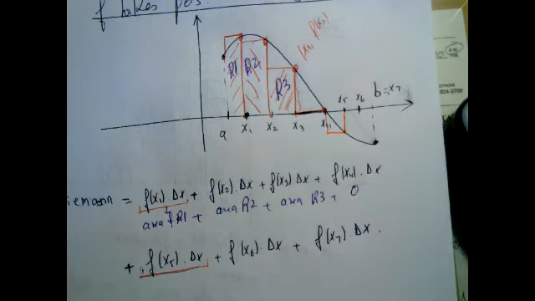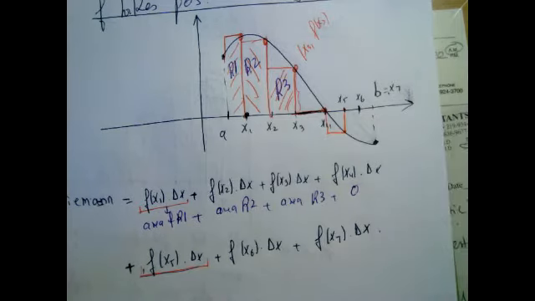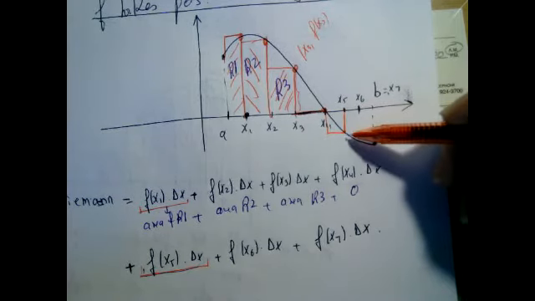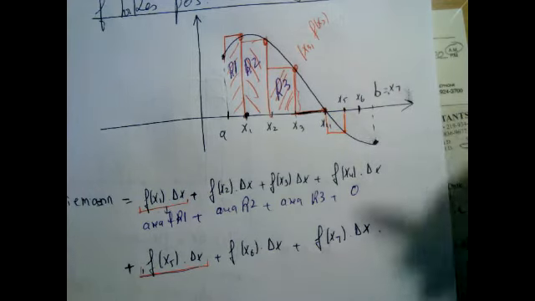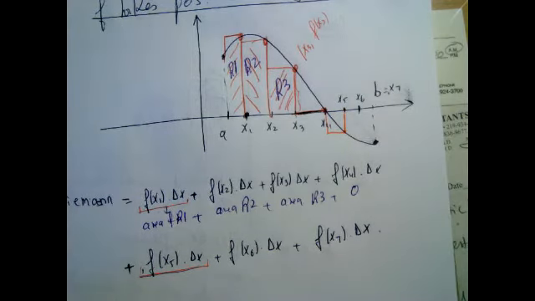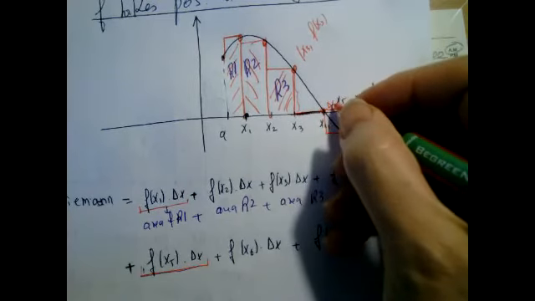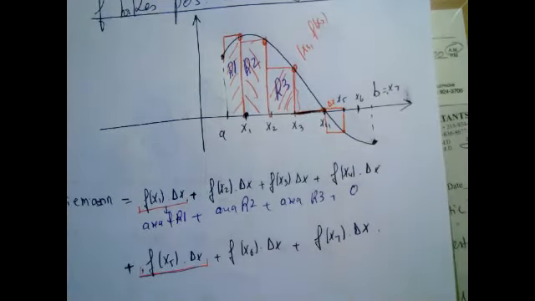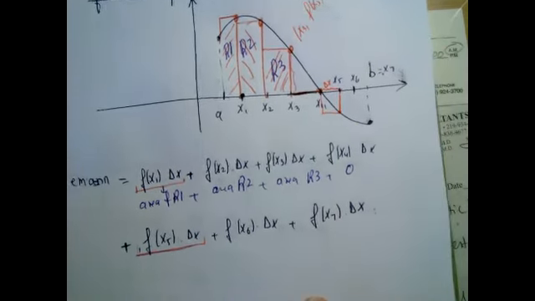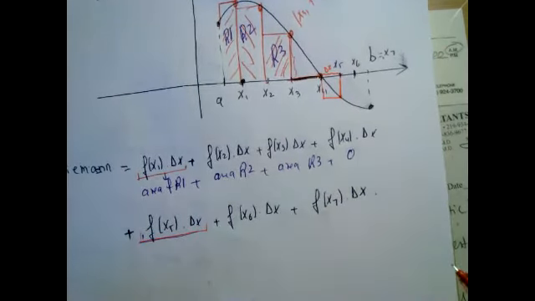Remember, f of x5 is negative. It means if I evaluate the function at x5, I'm going to get a negative number. -2, -3, -4. I really don't know. So when I take it and multiply it by the delta x, what do you think I should get? A negative number. I'm going to get a negative number.